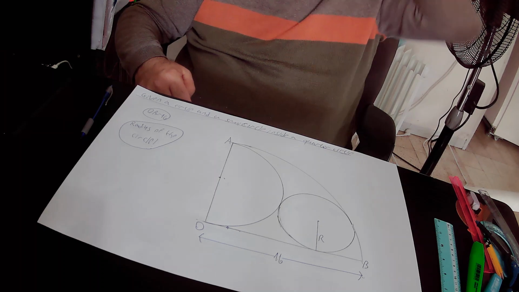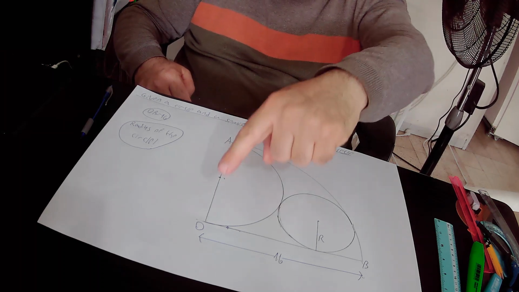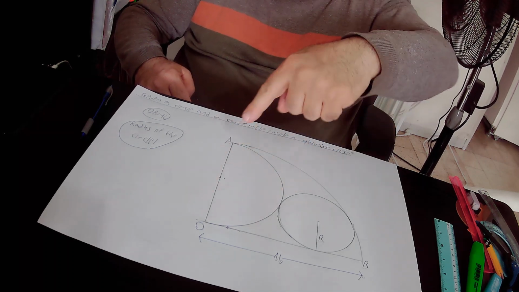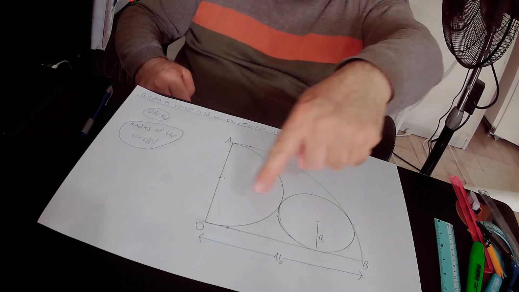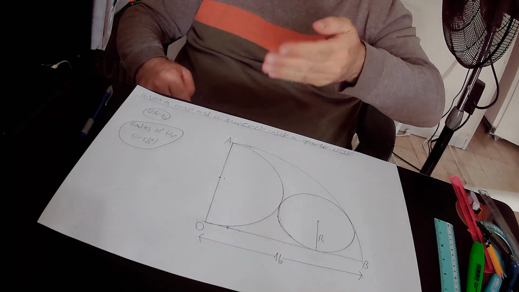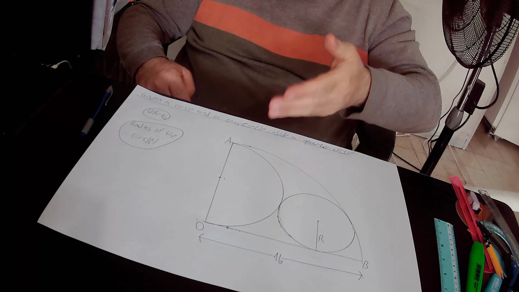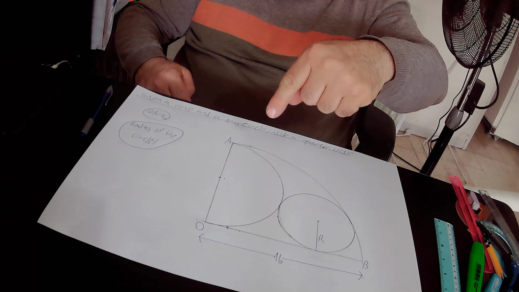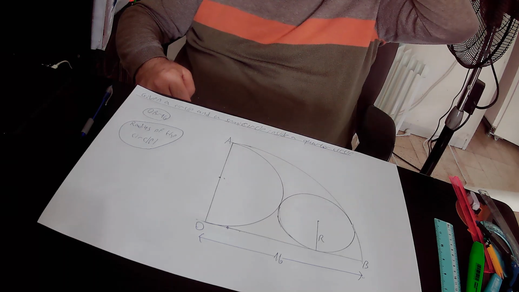And the radius of the quarter circle AO is also the diameter of this semicircle. So the diameter of this semicircle AO equals 16, therefore the radius must be 16 over 2, that is 8. So the radius of this semicircle equals 8 units in its length.